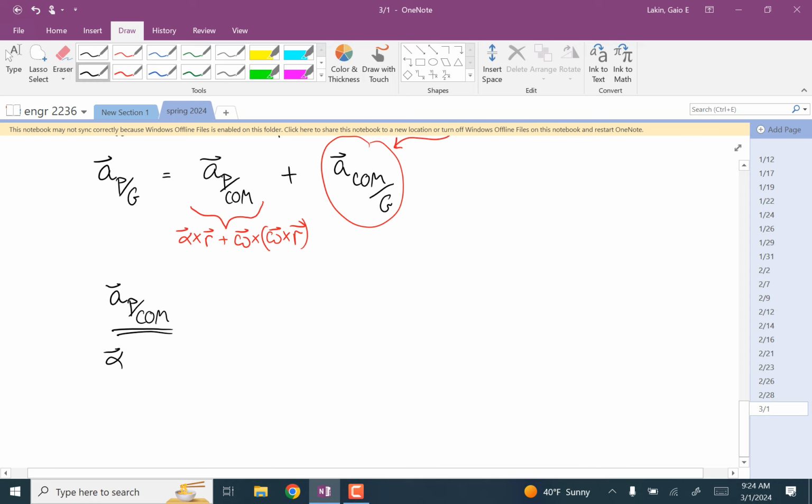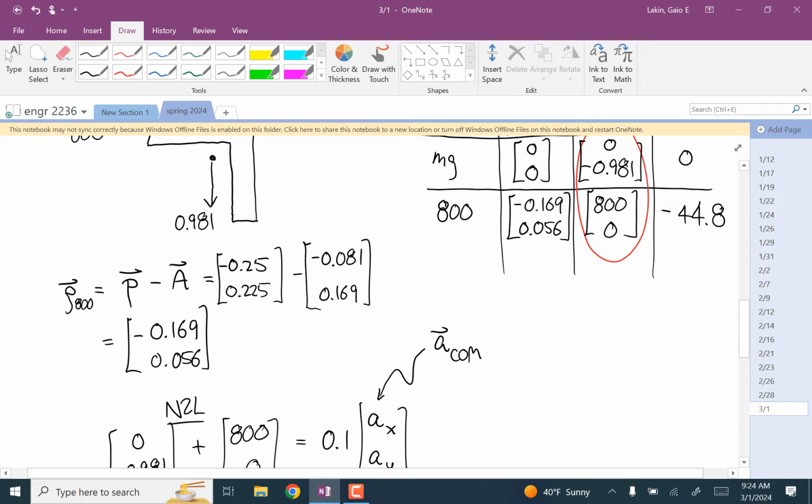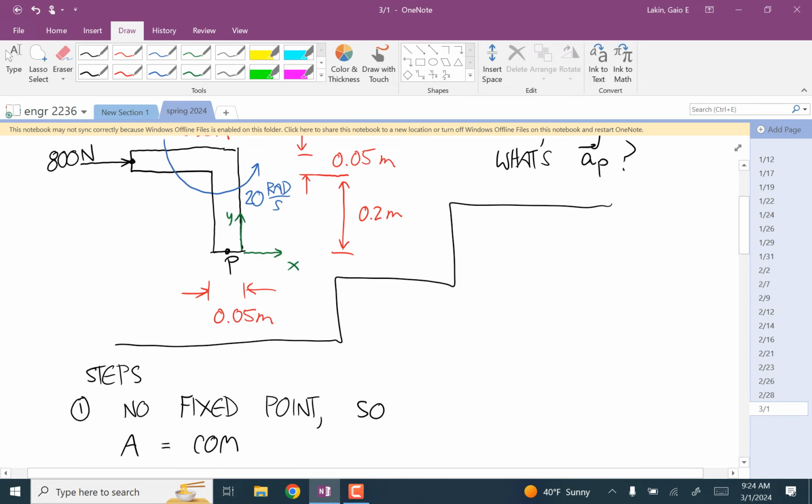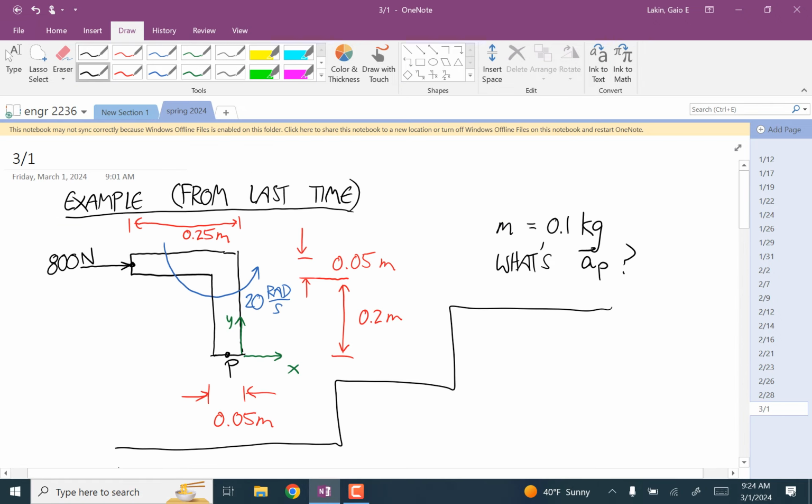We're going to use this. That omega you can't calculate, that has to be given, and it is. So omega given in the problem was positive 20 in the z direction.